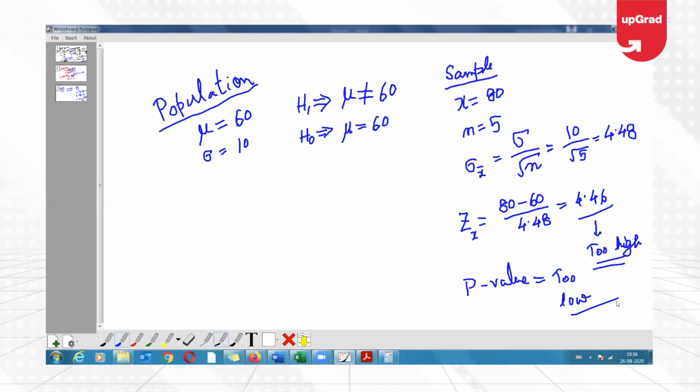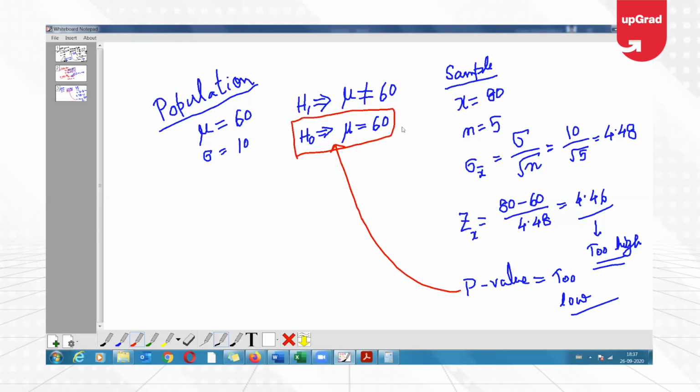If the p-value is too low, the chances of this statement occurring is going to be very, very low, which means I can reject this and I can accept the alternate hypothesis.